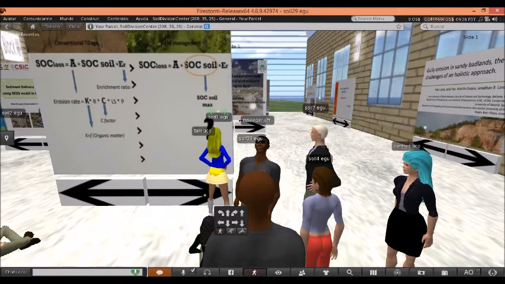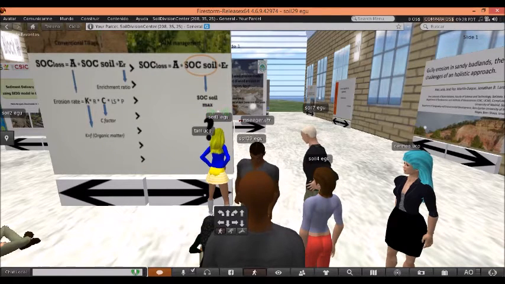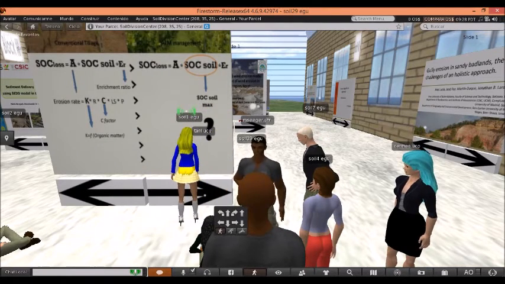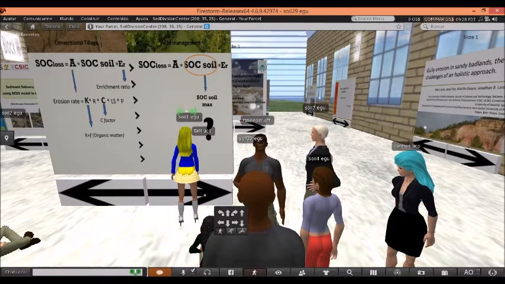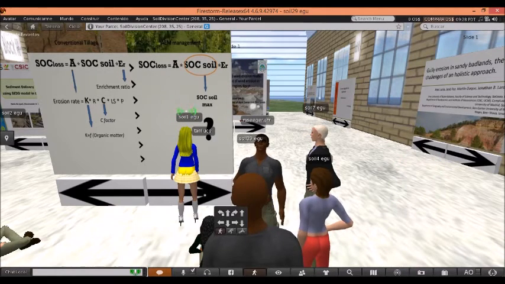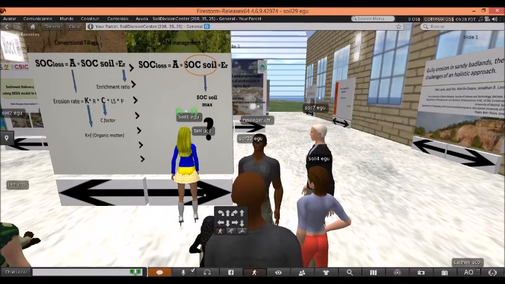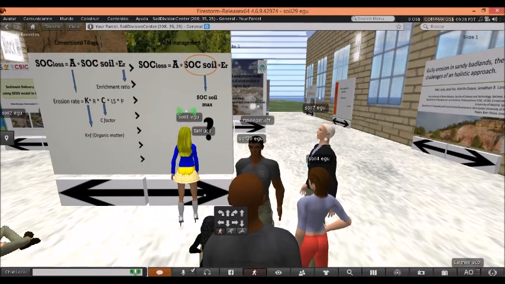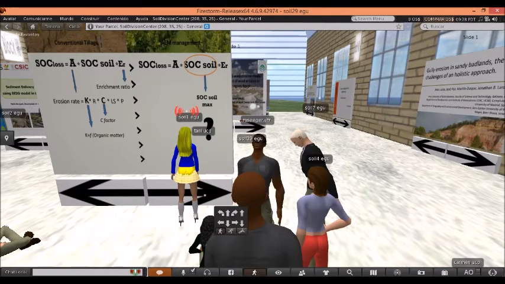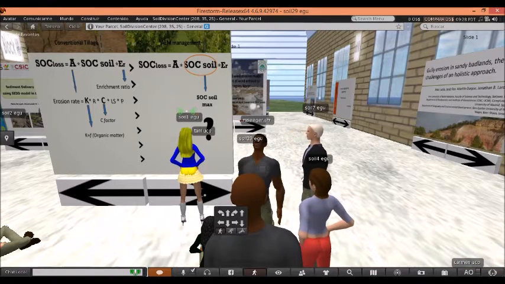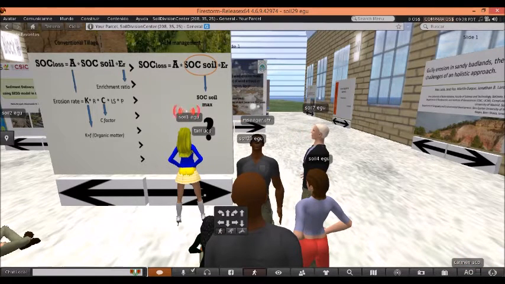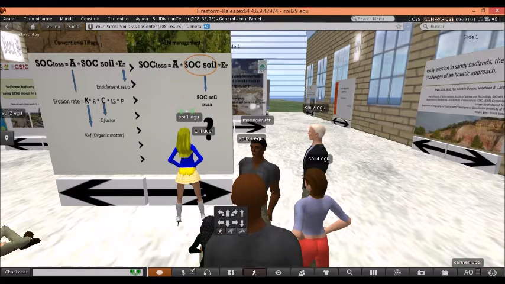The SOC loss in conventional tillage has to be lower than SOC losses in agro-environmental measure, and the SOC loss can be estimated with the following equation, where A is the erosion rate, here calculated with the usual model, and SOC is the soil organic carbon content in the soil, while here is the enrichment ratio.